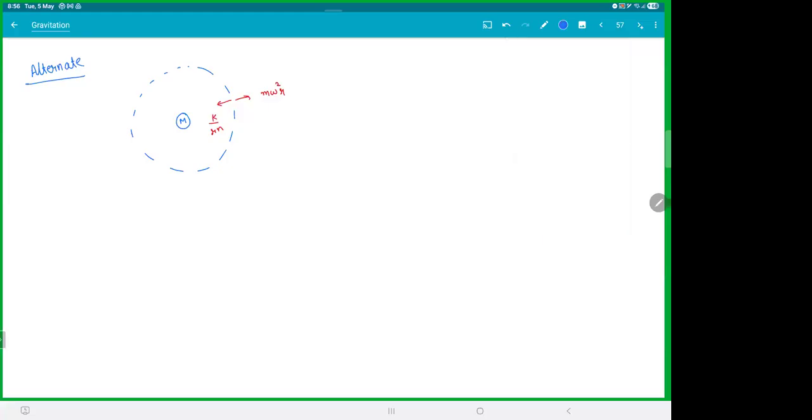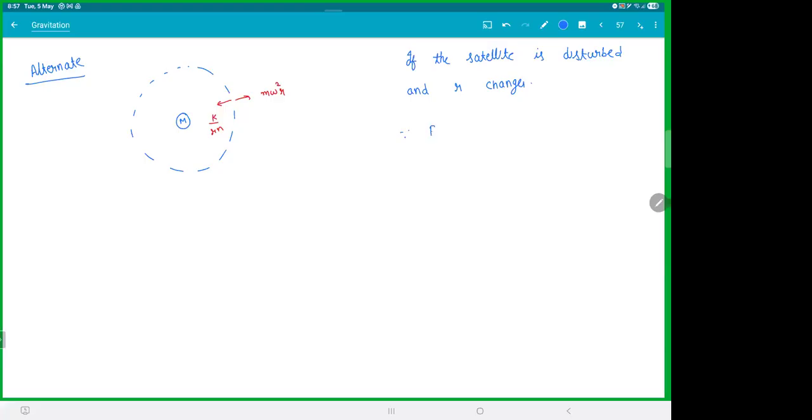Now, what happens if this particle is disturbed? This is a very important thing. Later on in modern physics, we are going to deal with these kinds of things. And the best thing, you actually dealt with this already. I'll show you where. Now, if this satellite is disturbed for some reason, something hit, and the radius changes, what happens?